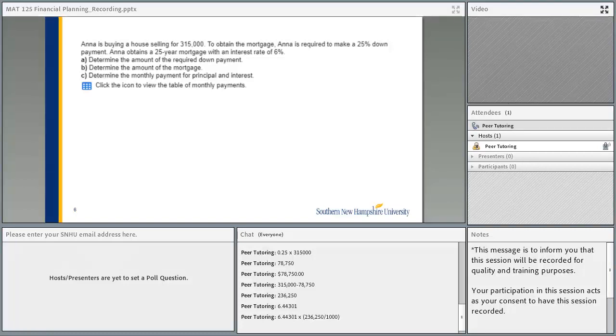You might be really, really close, but I would definitely wait until the end. So rounding to the nearest cent, I have an answer of 1,522 and 16 cents. So that sounds about right. So $1,522.16 for the monthly payment for principal and interest.